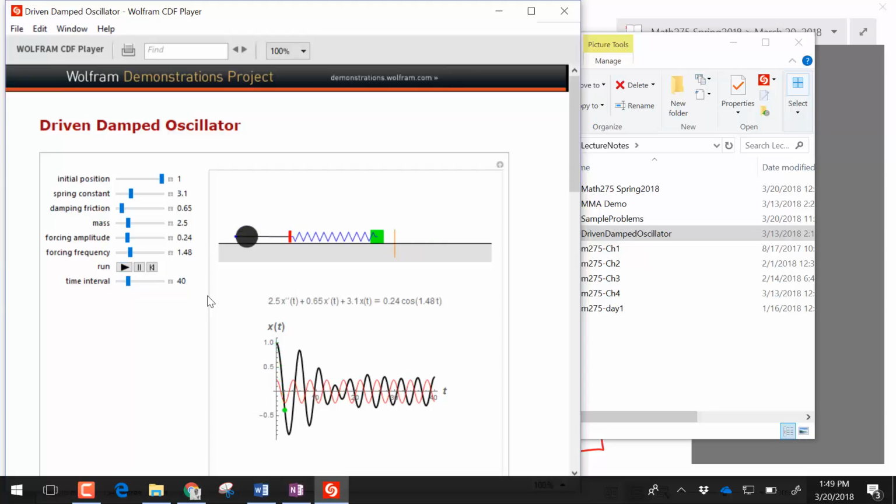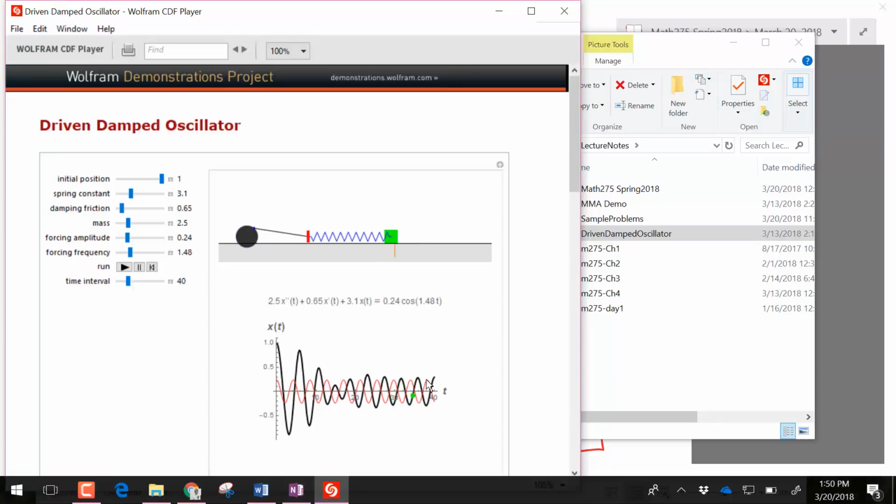So the force is moving the spring, and then the spring has its own motion without the force. The red sine wave down there is the force. And as the force is moving, the green mass that's being moved around, that distance is being measured by the black graph in here.